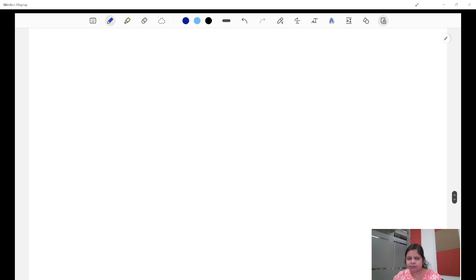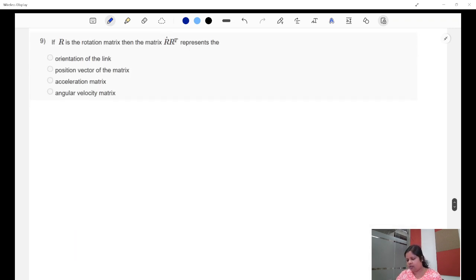Now, if R is the rotation matrix, then the matrix R dot RT represents what? I want you to think on this question for 2 minutes. What could this mean?